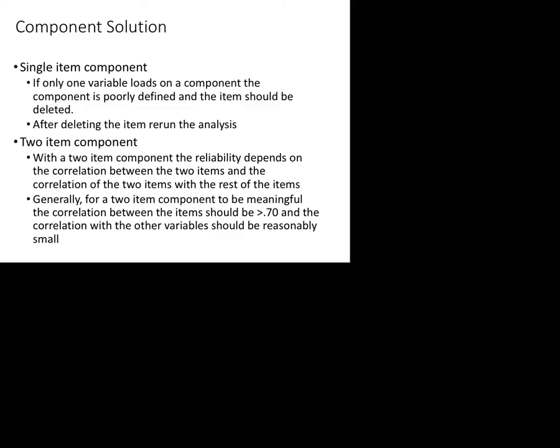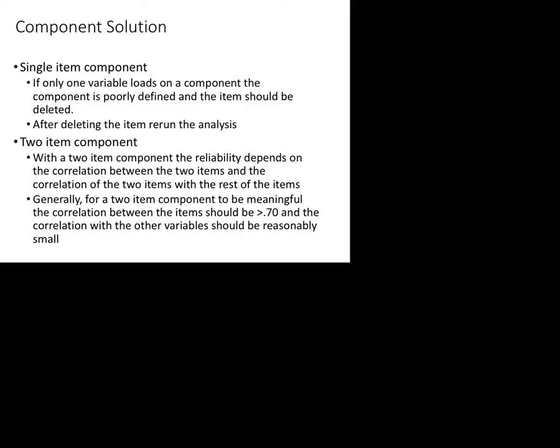Single item components, and 2 item components aren't much better, are generally frowned upon. But if your 2 items are highly correlated with each other, say above 0.7, there might be some good justification for keeping that.